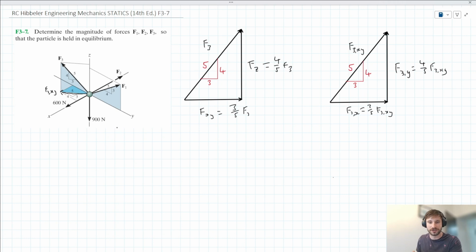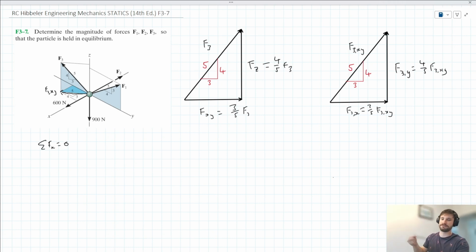So just like you guys are hopefully used to at this stage, if this is in equilibrium, then we're basically saying if we add all the forces up together in the X or in the Y or in the Z, they will sum to 0. So let's go ahead and start in the X. Why not? We can say the sum of forces in the X is equal to 0.